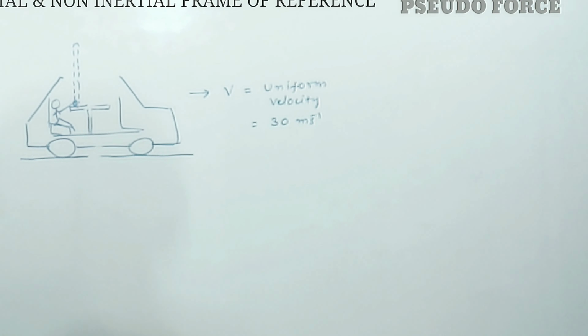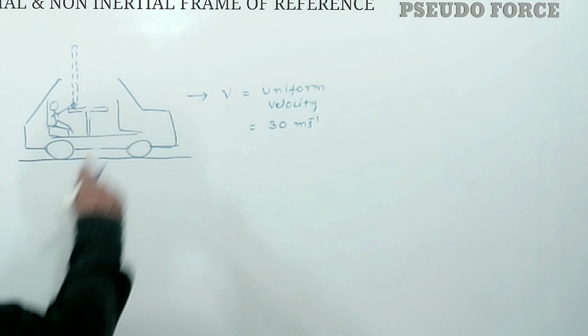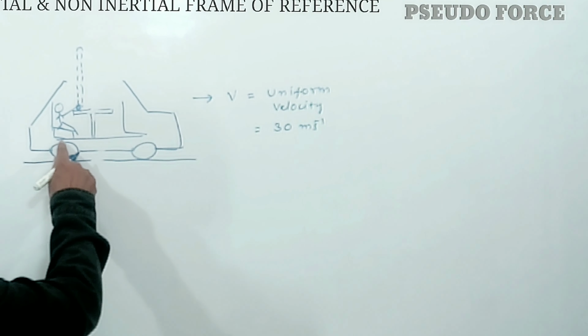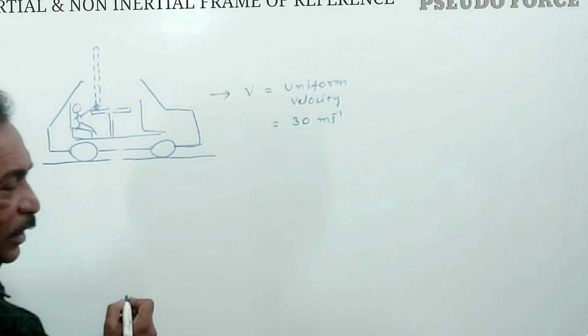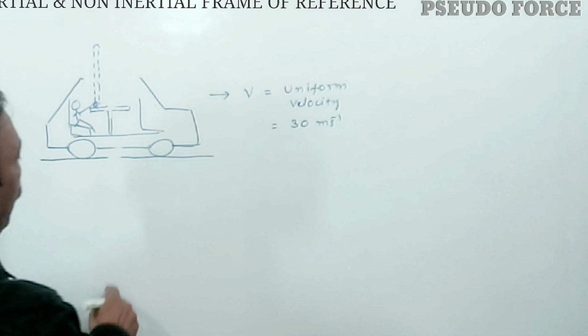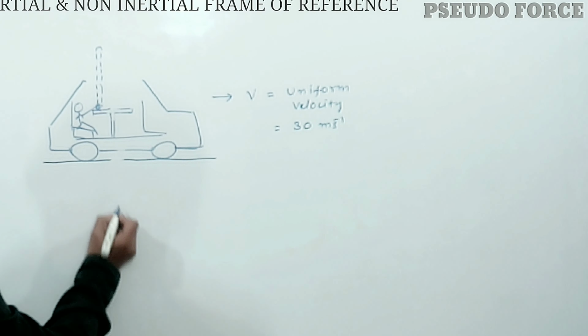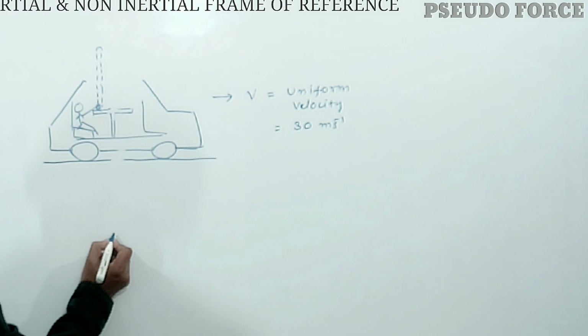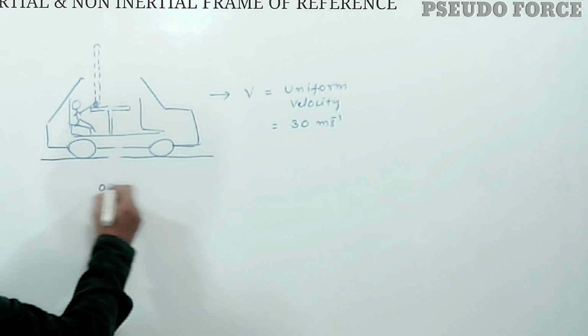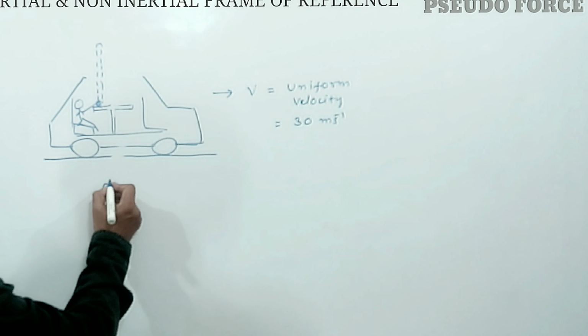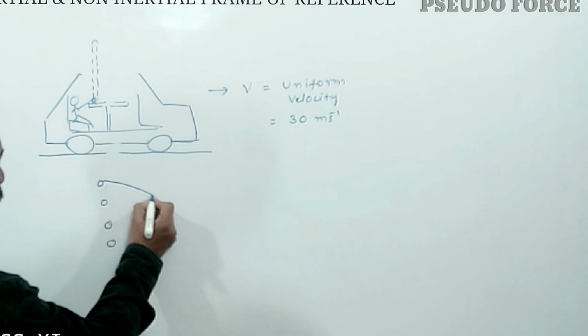Actually, what's happening here? When he threw the ball, this vehicle might move a distance of 30 meters in a second. Then what could be the path of this ball? Here, the ball is moving up in this way when he threw. Then after, due to inertia and other things, it is moving along this direction.